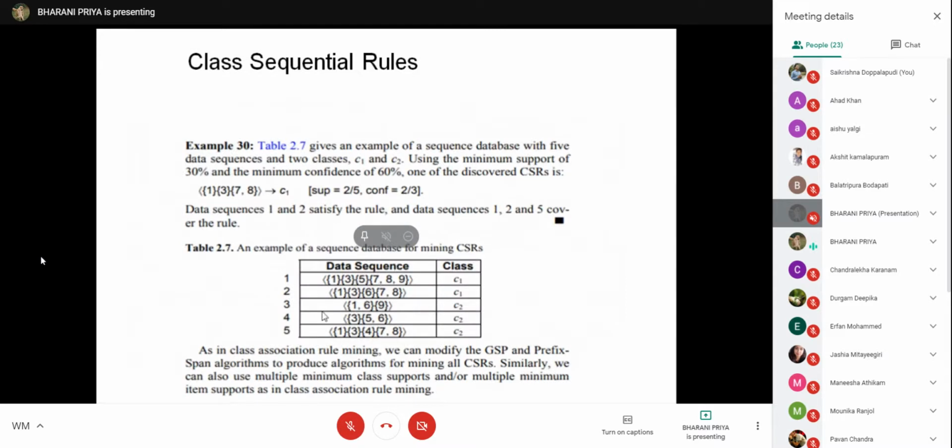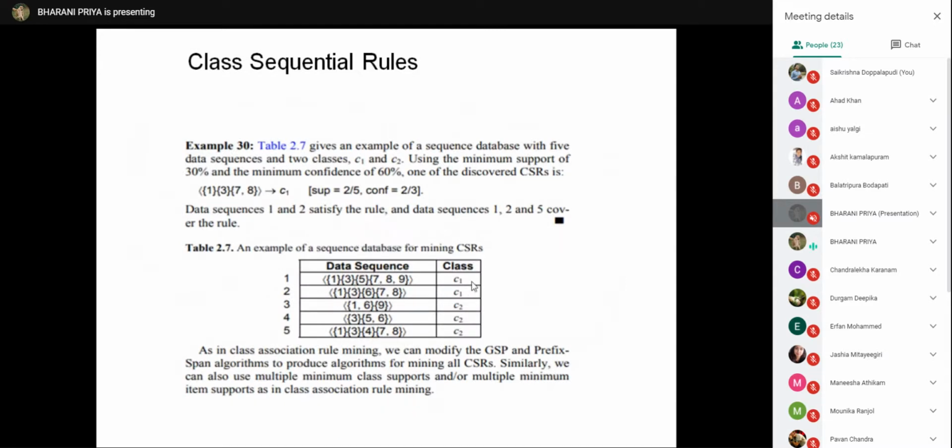So this is the example where all the sequences contain some class label, and in our example you have only two class labels, that is C1 and C2. So the sequence is associated with one class label, and you are writing the rule with the sequence and the class label.